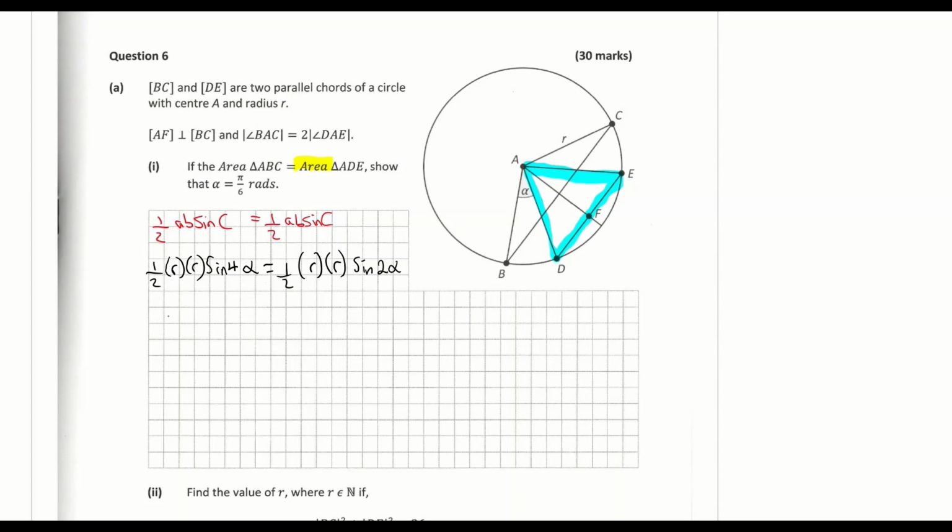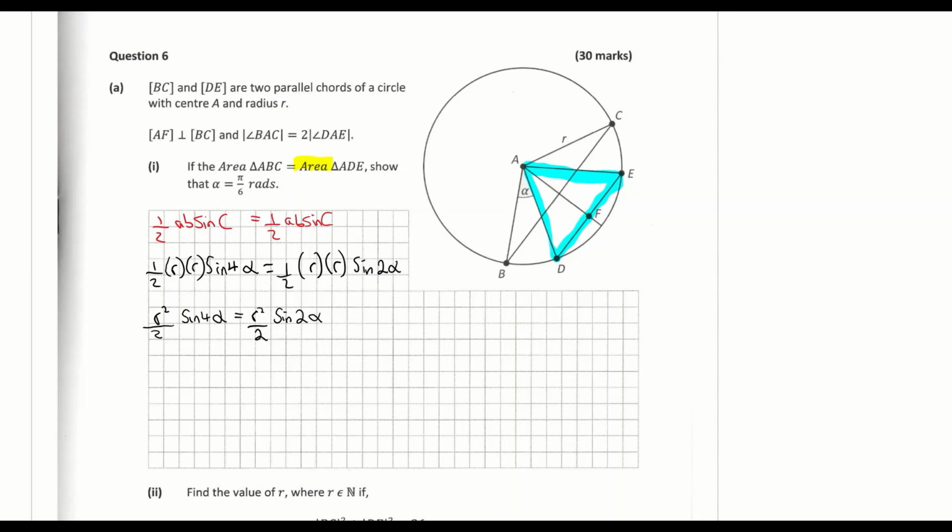And when I multiply in that half, top by top, bottom by bottom will give me R by R is R squared by 1 is 1R squared, all over 2 times sine 4 alpha is equal to 1 by R is R squared over 2 sine 2 alpha.